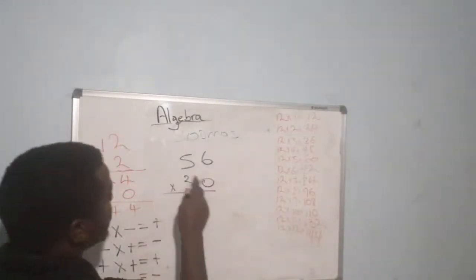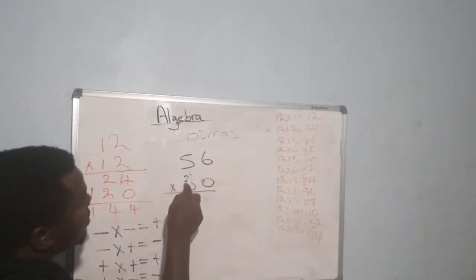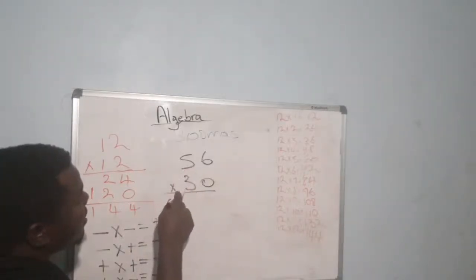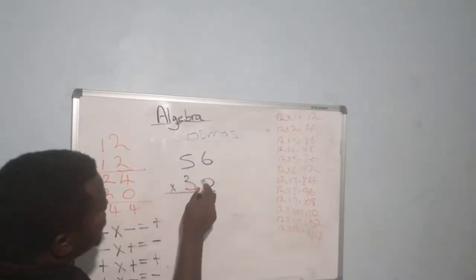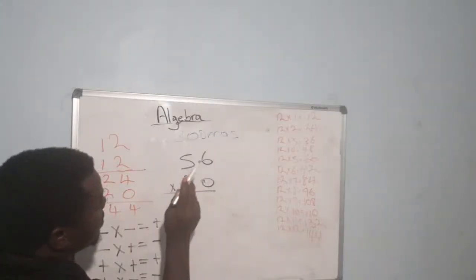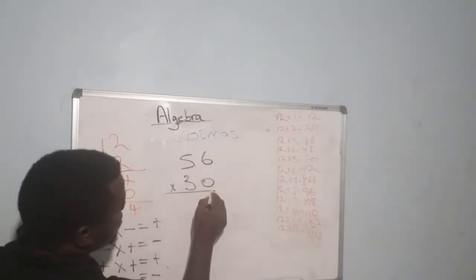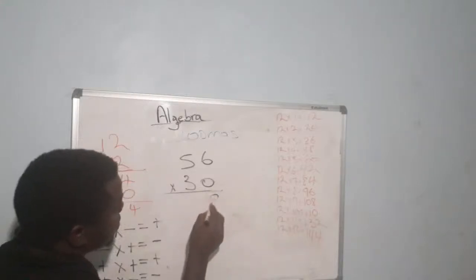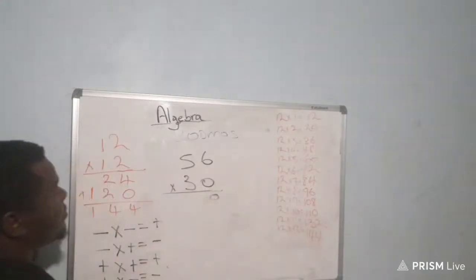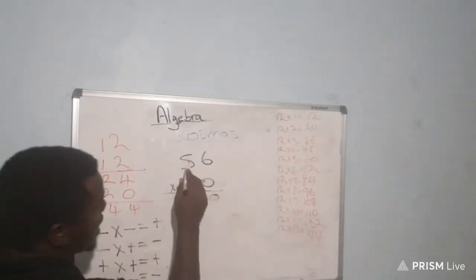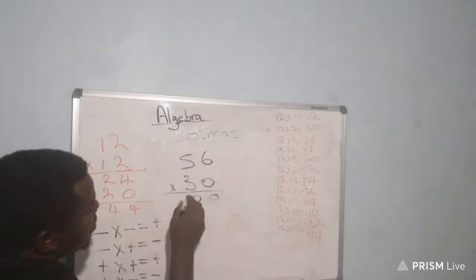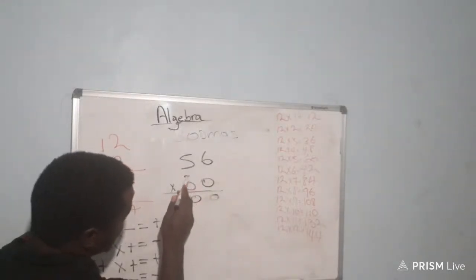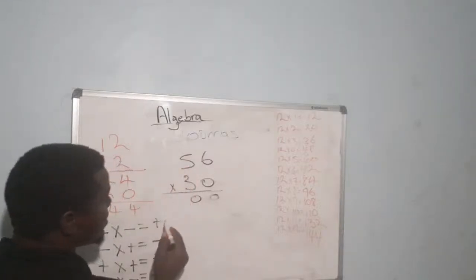So we're multiplying 56 by 30. So 0 times 6 is 0. 0 times 5 is also another 0. Now we're going to use the 3 to multiply the 56.